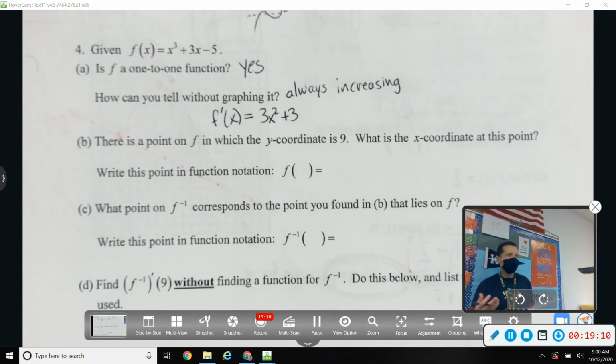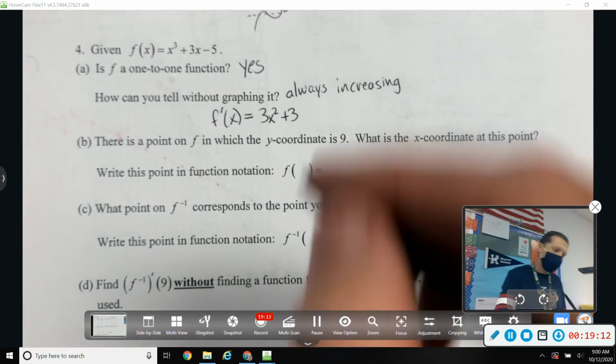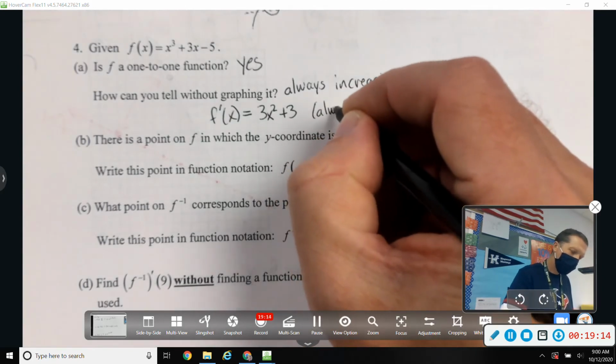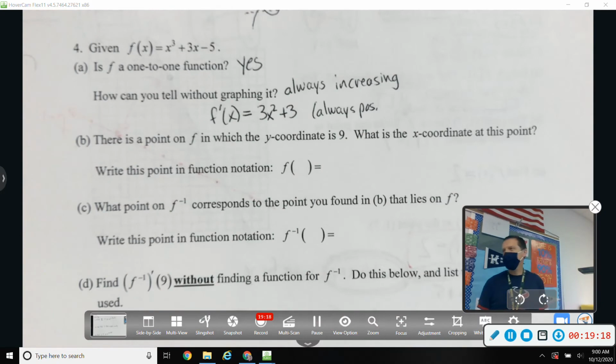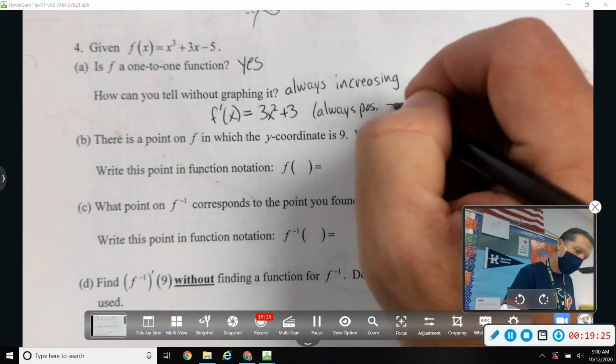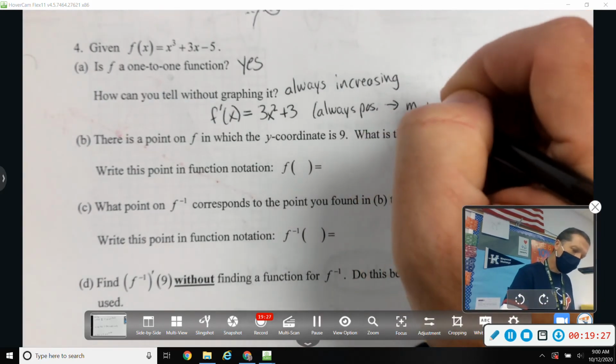And what you don't know yet really is that it is always positive, right? Because if I square something, it turns positive, and then I add 3, it just gets more positive. So that's always positive. That means the slope is always positive.